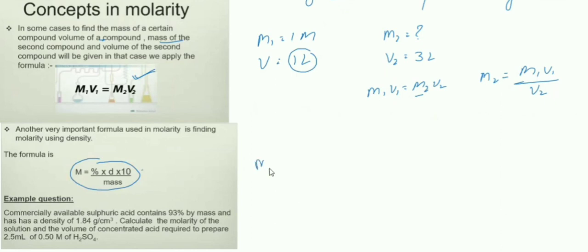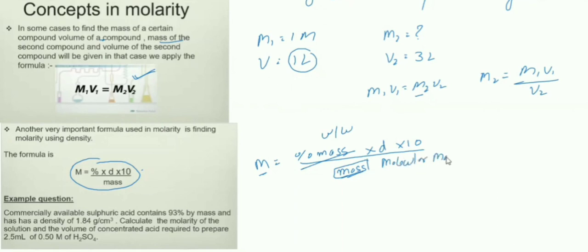And the formula is M, that is molarity, is equal to percentage mass, and your percentage mass should be weight by weight, into density into 10 whole divided by mass, where this mass represents molecular mass. So this formula is useful for numericals and can be directly applied instead of going around for calculation of molality and then molarity.